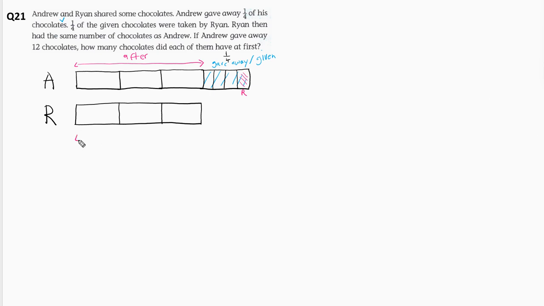So again, this is after. But he only has the same after this part was given to Ryan, this quarter. Now, if this bit is a quarter of this, it must also be a quarter of this.